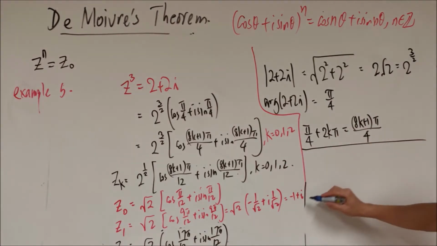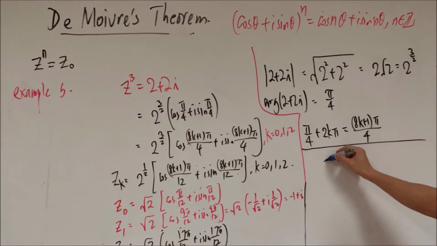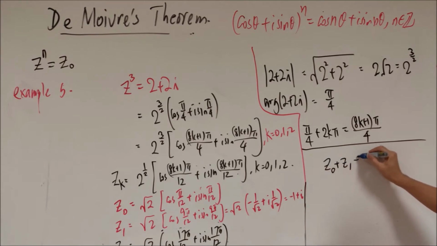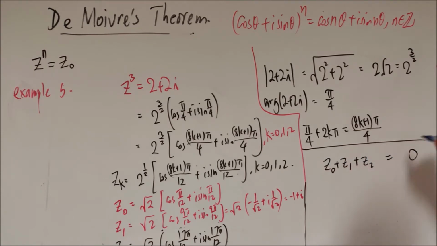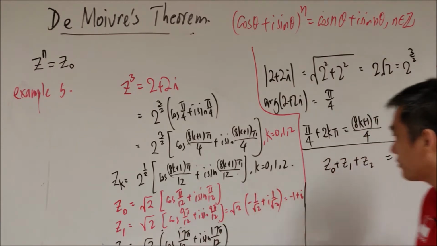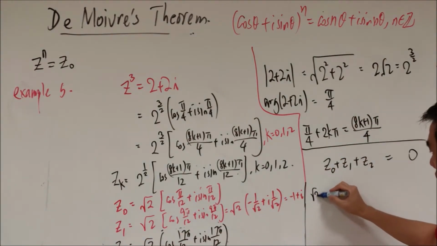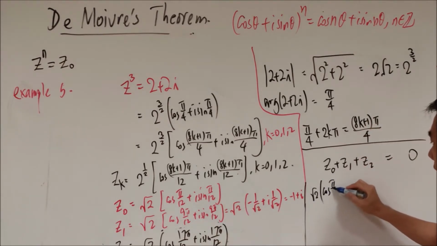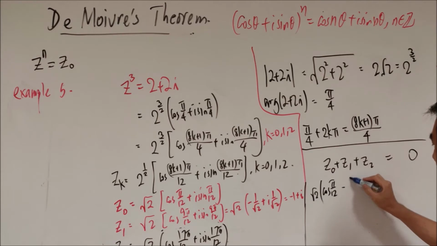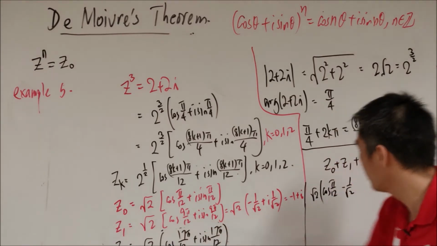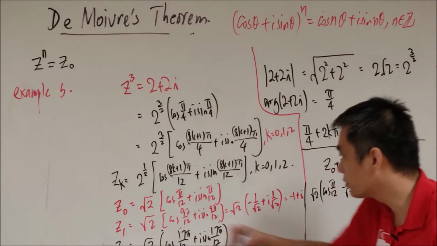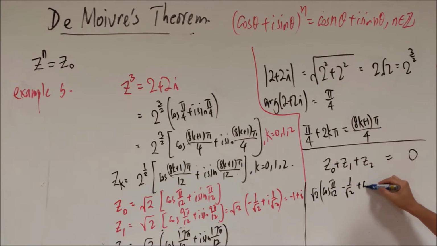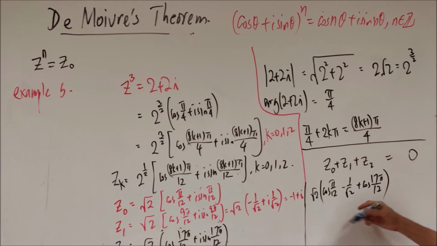Okay, we have a byproduct here. Because the sum of the roots is equal to 0, the sum of these is equal to 0. For the real part, you have cosine pi over 12 minus 1 over root 2 plus cosine 17 pi over 12. That is for the real part.